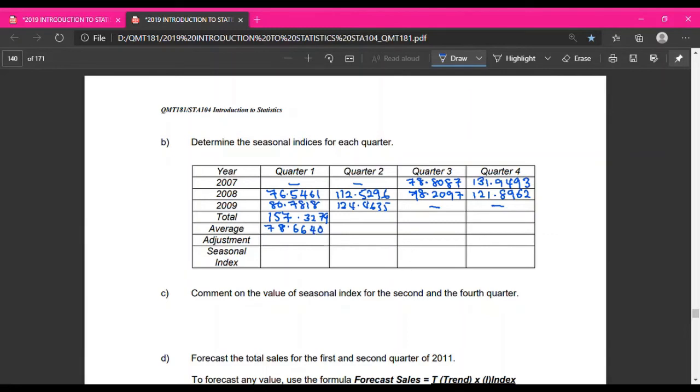Second quarter, it is 236.9931. So we have the average 118.4966. Next, third quarter.